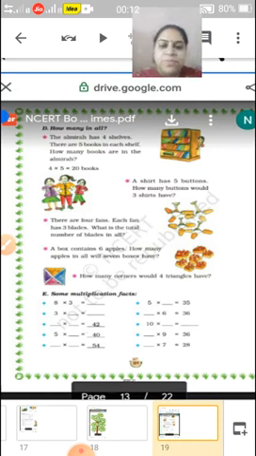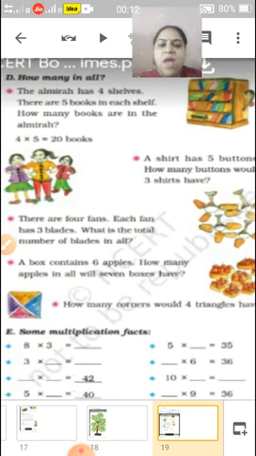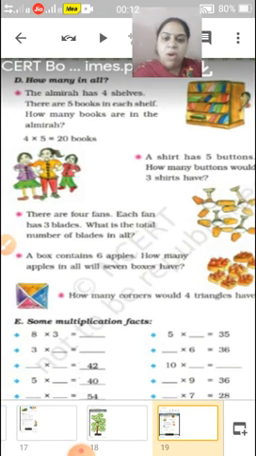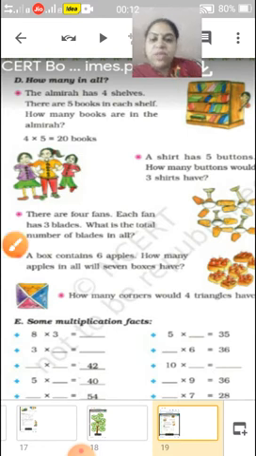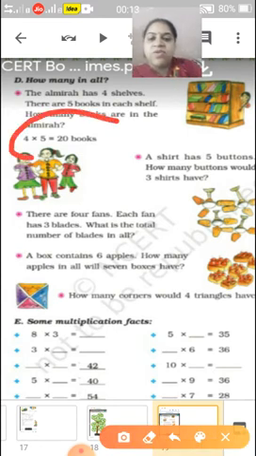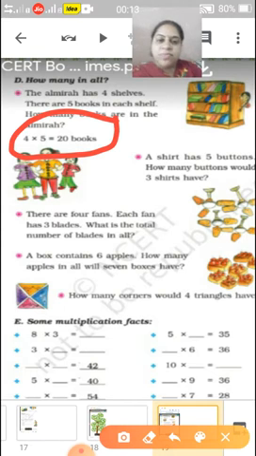So children, in this, how many in all? The almirah has 4 shelves. There are 5 books in each shelf. How many books are there in the almirah? That is 4 times 5, means 4 into 5 is equal to 20 books.